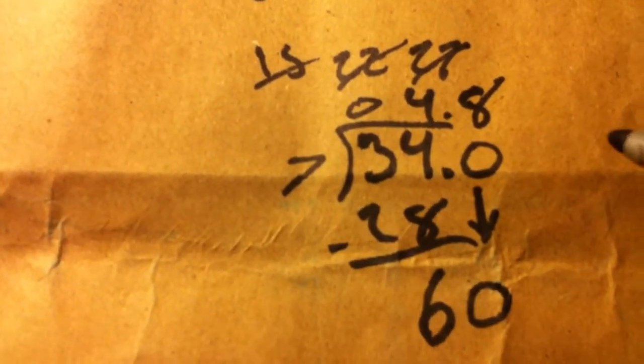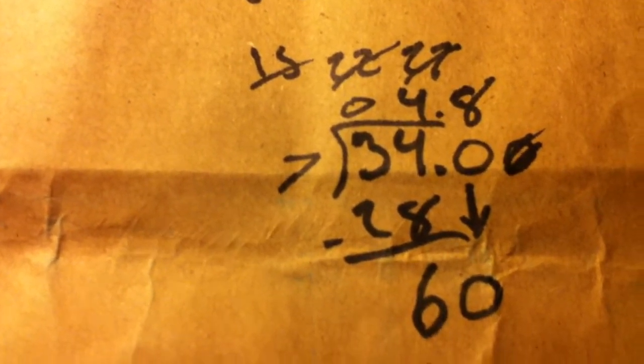Alright, next we need another number. Let me back up. So 7 times 8 was 56, so we have to do our subtraction. 56, so we have a 4. So we need another 0, so that's where I add this one, bring it on down, 40. Alright, so 7 times 5 is 35.